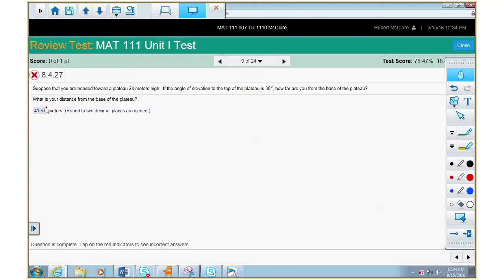Why isn't it showing me the answer? What did we put? I don't know how I got that wrong. Does anybody know? Are they asking for the hypotenuse? I bet you $1 that's what they're asking.